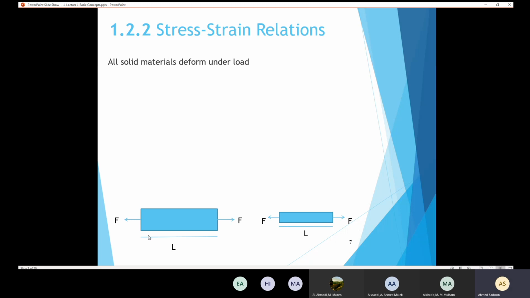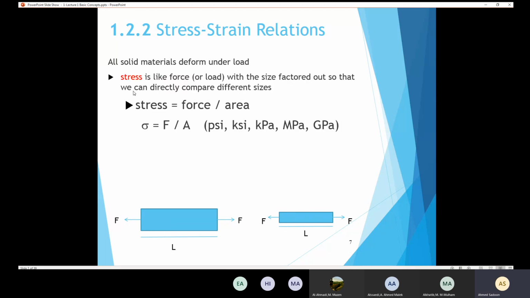So I cannot express the response of the material by the force only. I need to put another criteria. For example, I need to include the dimension.